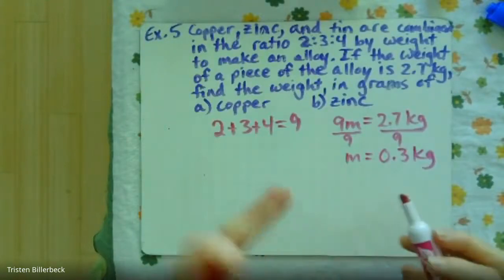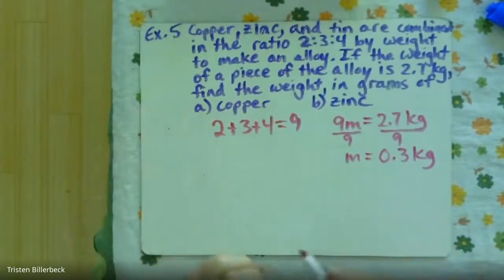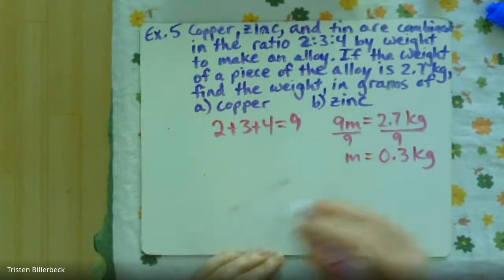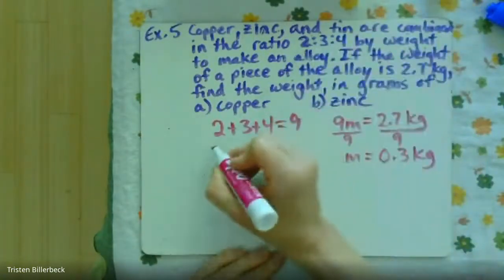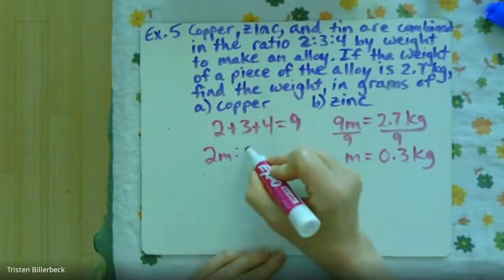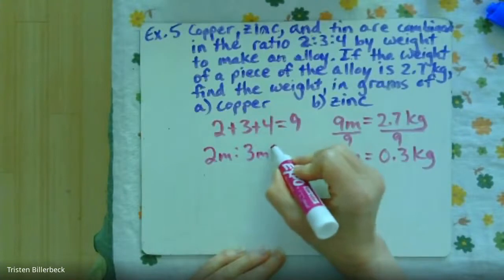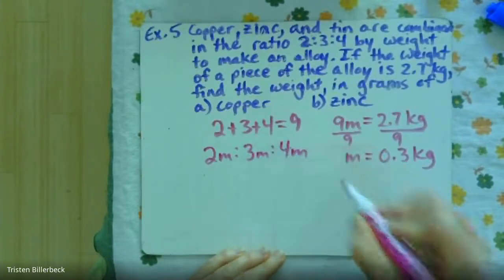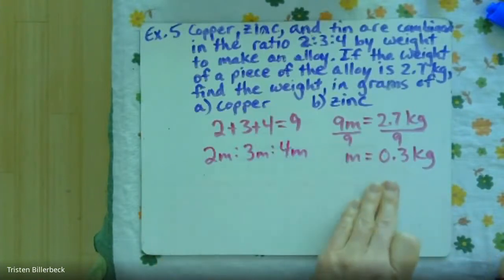So let's go back and figure out, well, what's the copper? So we have really, it's 2m to 3m to 4m. And we just found out what the m is.